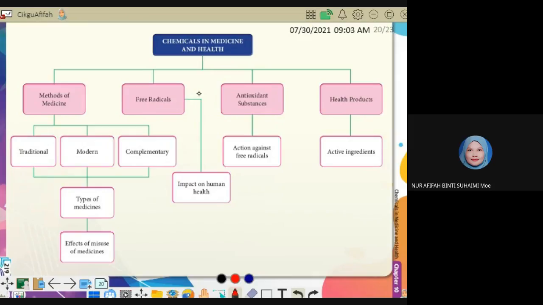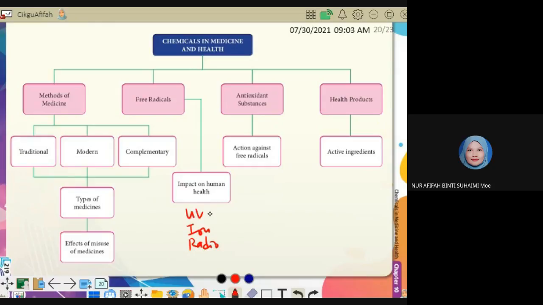That is internal factor. External factor, you boleh fikir sendiri tadi apa? UV, ionizing radiation, radioactive substance.